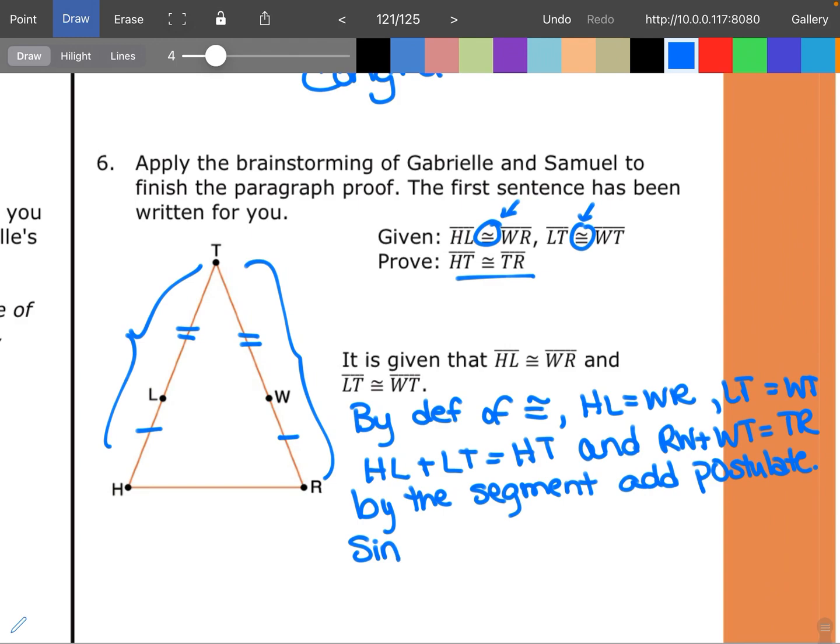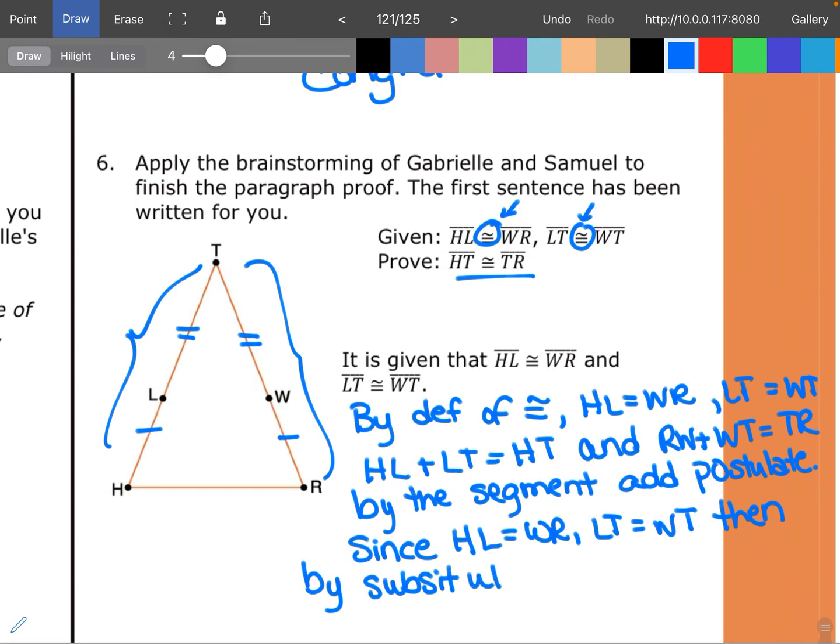So since segment HL is equal to WR and LT is equal to WT, then by substitution, I can write WR plus WT is equal to HT. So do you see what I did there?